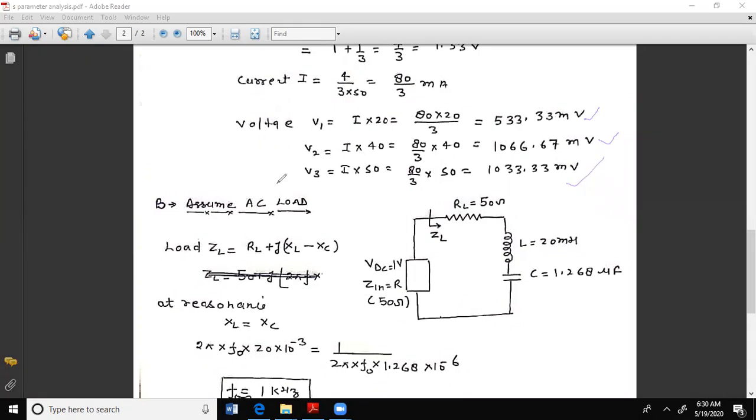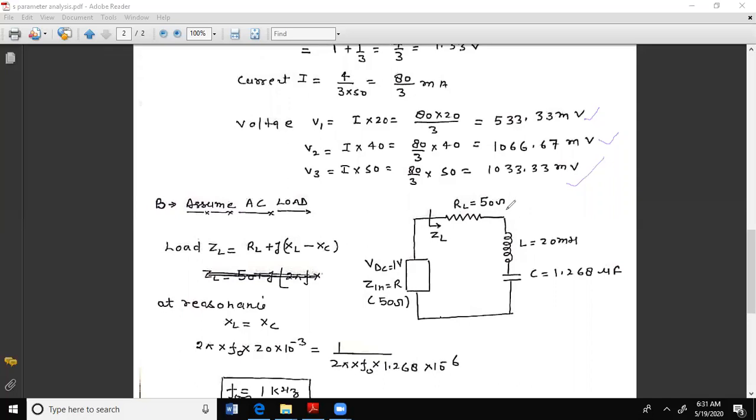In the first case, we considered only a DC load, where the load is resistive. Now in the second case, we are considering the load as an AC load. Here we have shown the impedance value.